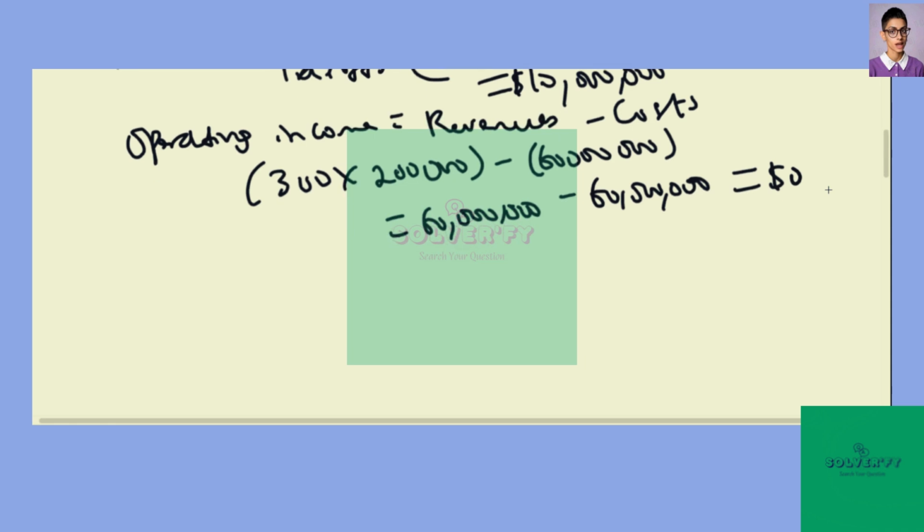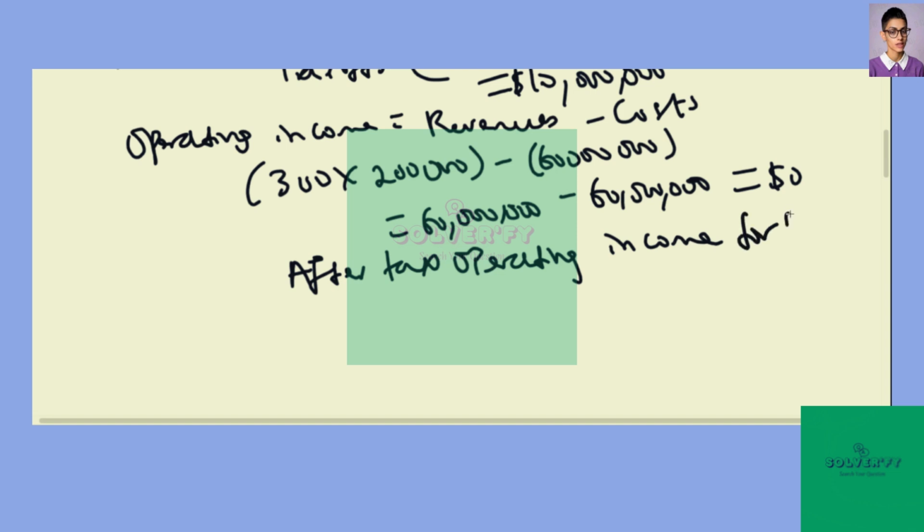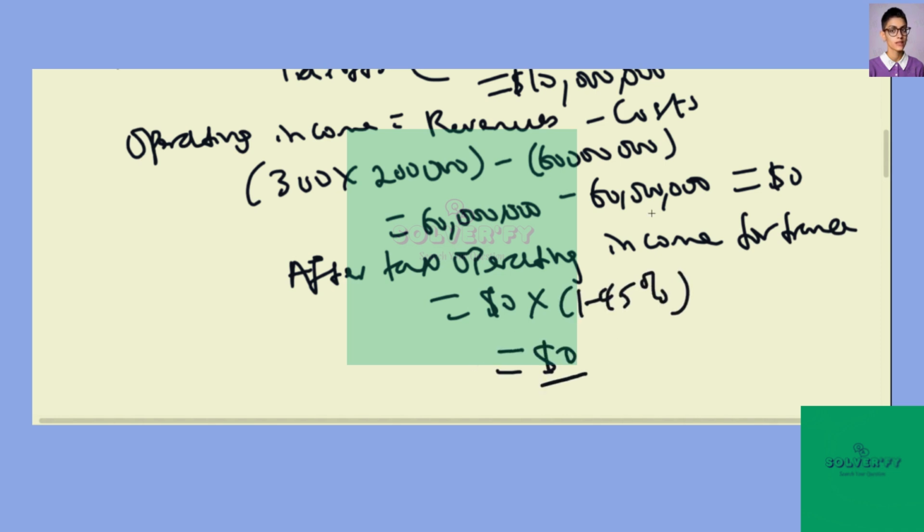So the after-tax operating income for France is $0 multiplied by 1 minus 45%, and anything multiplied by 0 is 0, so it's still $0. So that's the answer.